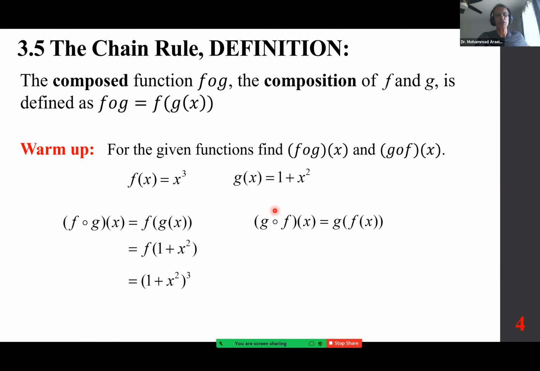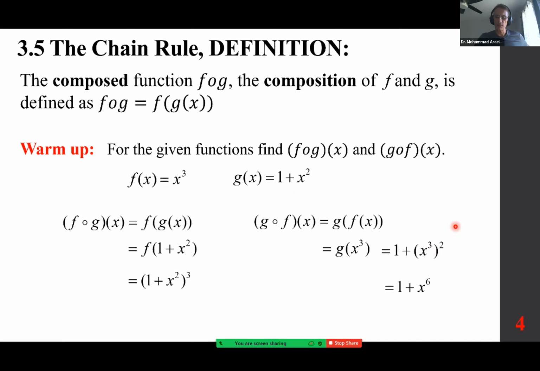That means g of x cubed. If you replace the x in g of x with the f function, x cubed, we get 1 plus x cubed to the second power. We can simplify it pretty fast, using the exponential rule known as the power rule, and we get 1 plus x to the power of 6.